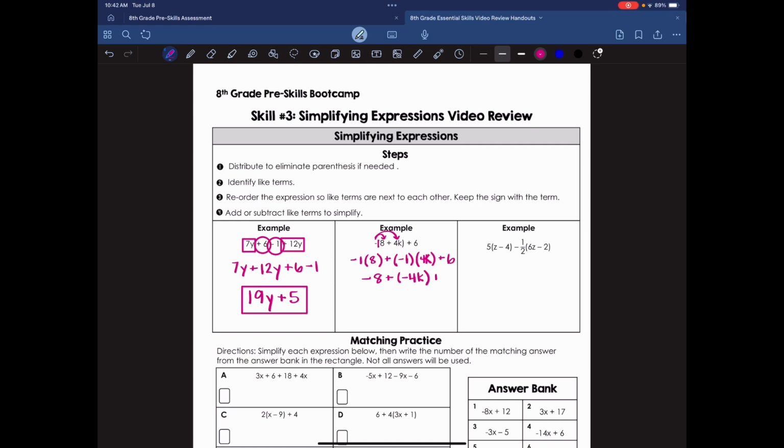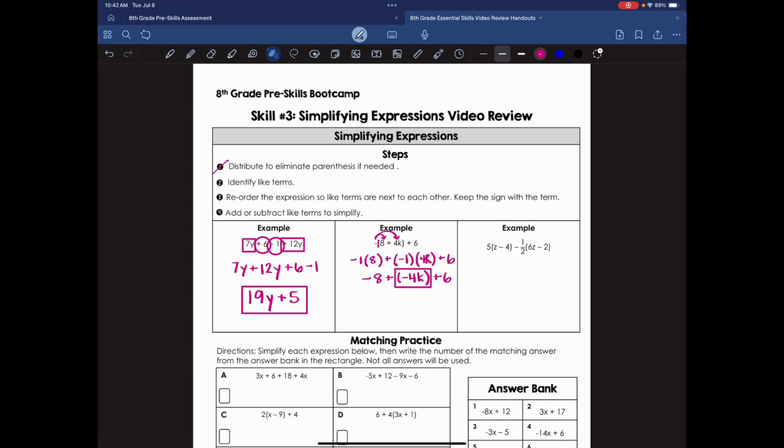And then again, I have this +6. Okay, here is where we want to then move on to identifying like terms because we've done the distribution. So if I'm looking at like terms, I've got this 4k, -4k, and there's no other term that has a k. So this is going to kind of be by itself. It's a negative.